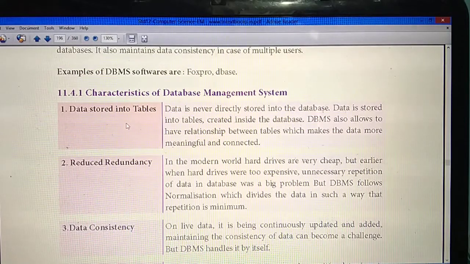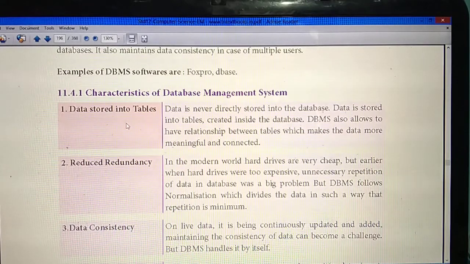How? 12th A class details will be stored in the 12th A table. Then 12B class details will be stored in a separate 12B table. 12C class students' details will be stored in a separate 12C table. Likewise, each and every data is stored in separate tables.